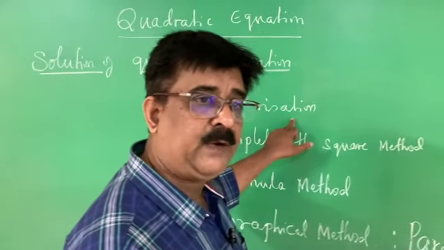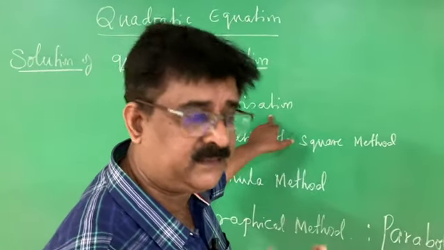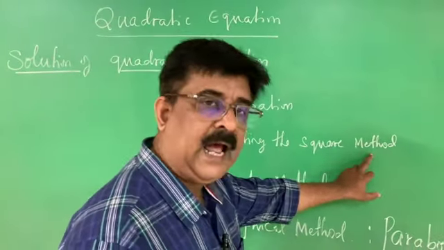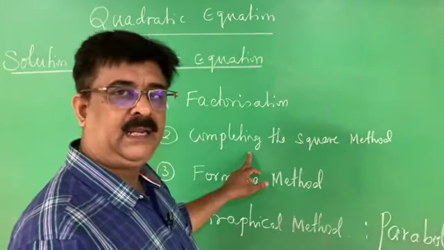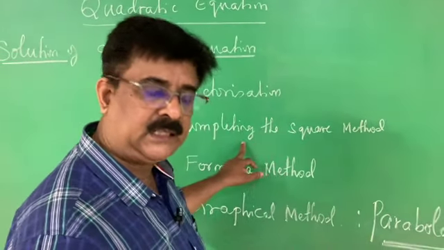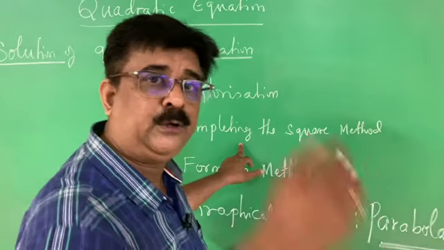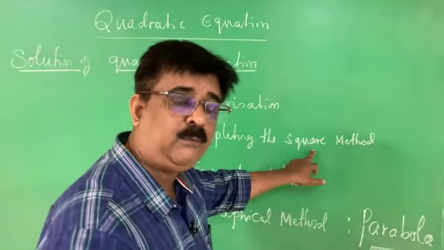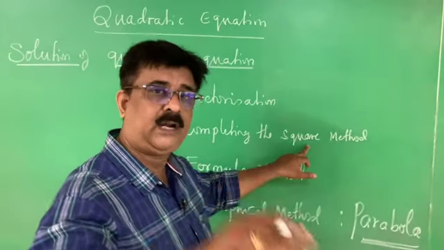Suppose a quadratic equation has an imaginary, non-existing root, that can be calculated by the completing the square method. This method was developed by Indian mathematicians like Brahmagupta and Sridhar Acharya. Sridhar Acharya belongs to Karnataka. Using the completing the square method, Sridhar Acharya developed the formula for finding the roots of the quadratic equation.